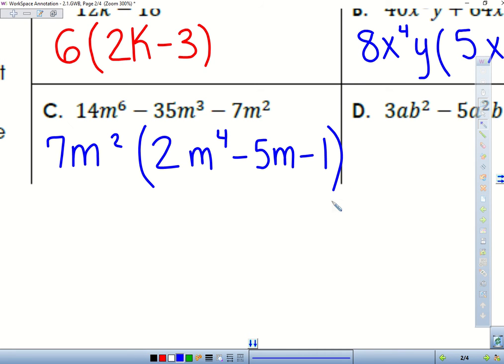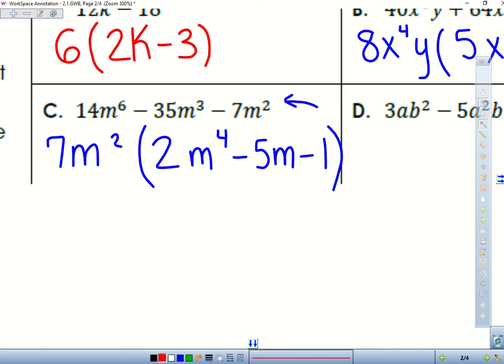Thank you. So yes, you can only take out the number of m's that the lowest one has, and since we took out a whole 7m squared, we only have a 1 left there. Okay, so don't forget about putting that 1 in. And the reason it's so important to remember is because if you were to distribute this back, it has to end up looking exactly like this. So if you didn't put the 1 there, you wouldn't end up with that term. So just be mindful of that.